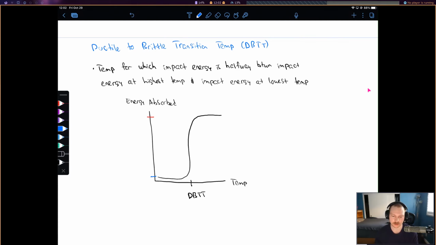So we got those, and again, that's why I just mentioned that we want to do this as fast and safe as we can, because let's say we messed up the liquid nitrogen one down here, and it warmed up a bit, then that point would be right there instead, and that's going to alter that transition temperature. Okay, so we have the two of them right there, and then what we have to do is look at the impact energy that is halfway between these.